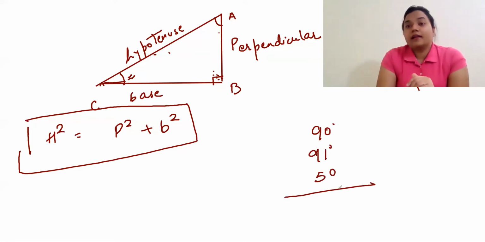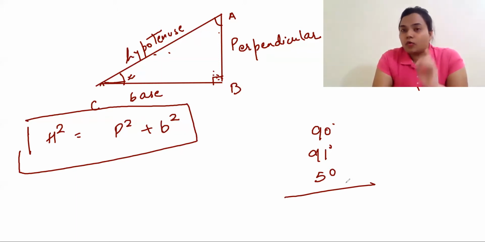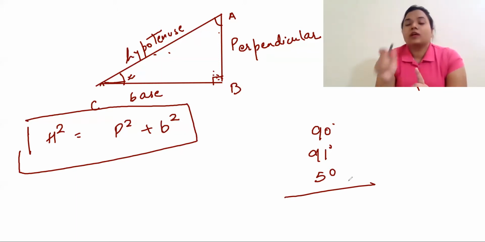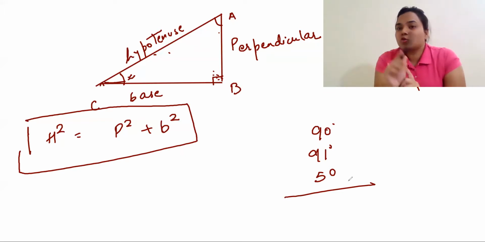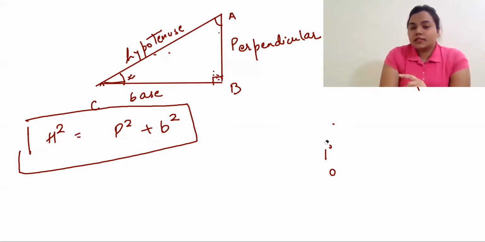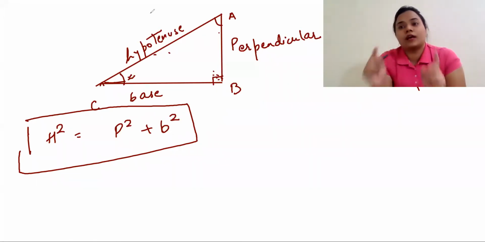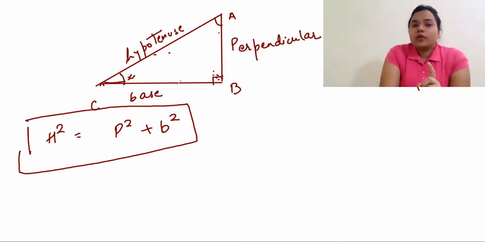When we add them, the sum will be greater than 180 degrees, and for a triangle it is not possible. The sum of all the angles should be 180 degrees. That is why, in a right angle triangle, the other two angles will always be acute, less than 90 degrees.